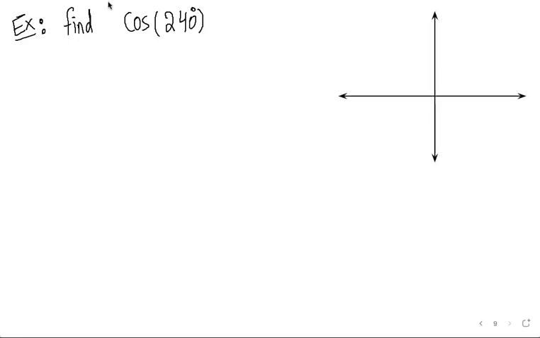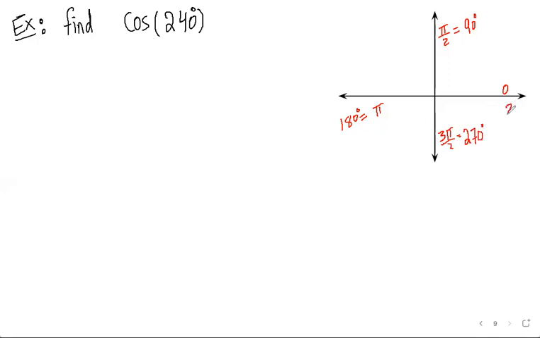So first of all, we have to know this is 0, this is pi over 2, and pi over 2 is 90 degrees. This is pi and is equal to 180 degrees. This is 3 pi over 2, and this is equal to 270 degrees.